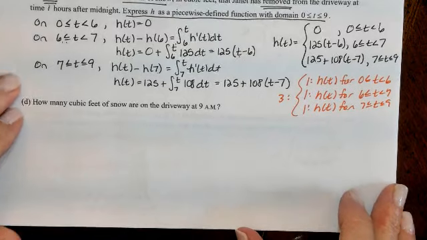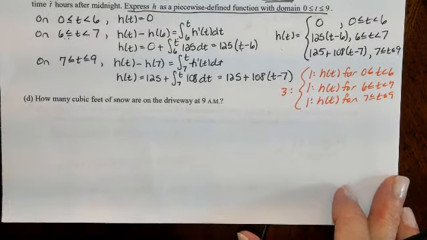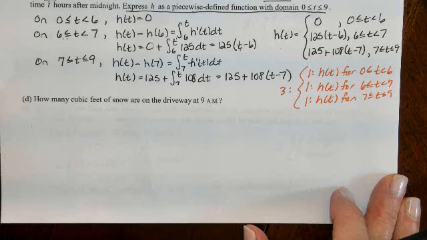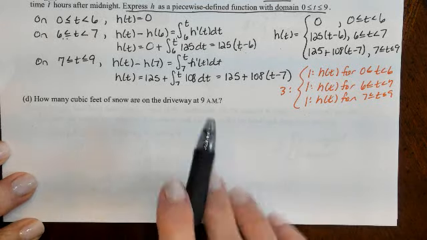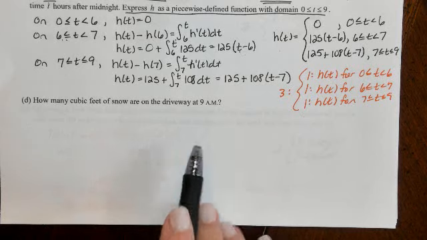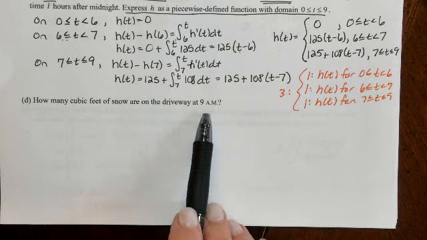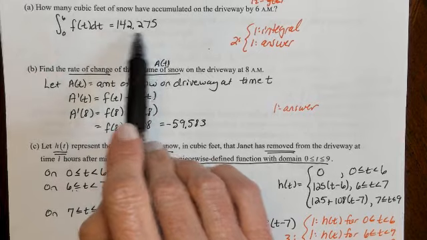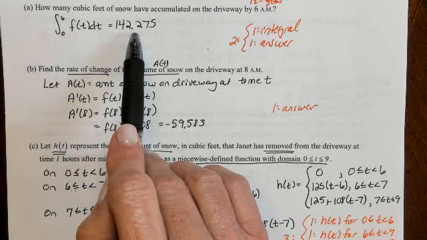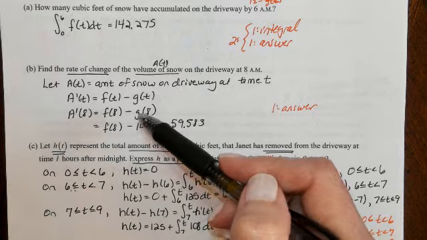All right. Part D. How many cubic feet of snow are on the driveway at 9 a.m.? So remember, from midnight to 6 a.m., the snow accumulated, and we know how much was on there at 6 a.m. At 6 a.m. though, Janet started to shovel snow.